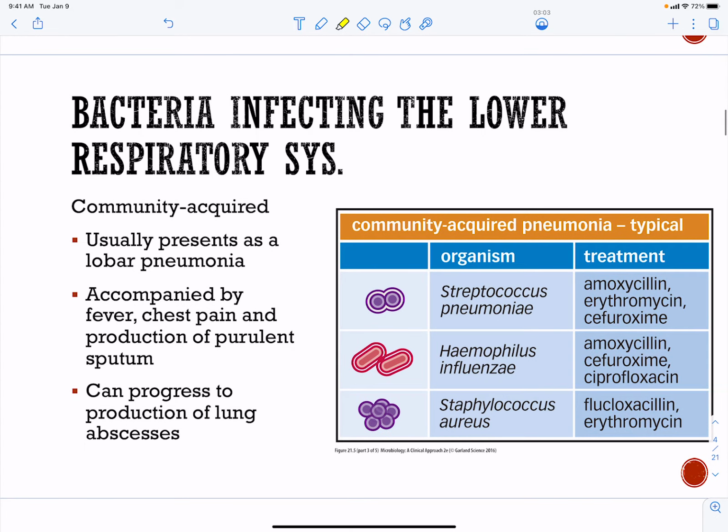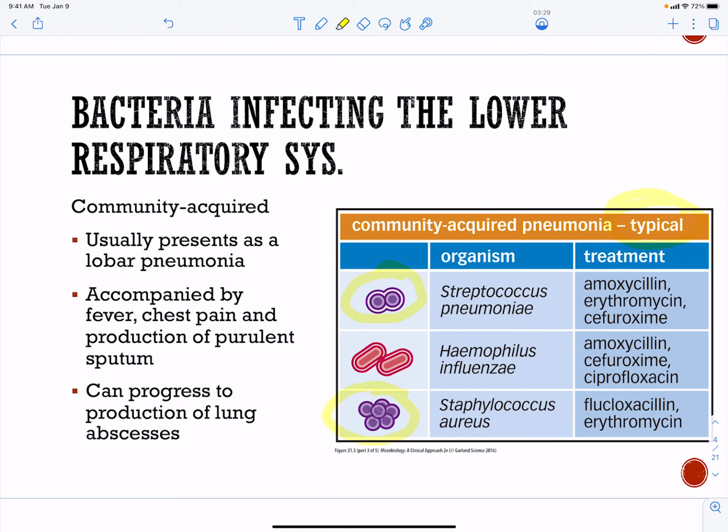Now, community-acquired is also referred to as typical. Community-acquired typical pneumonia is going to be caused by our normal flora pathogens primarily. So we have Strep pneumoniae, and we also have Staph aureus that can cause these typical pneumonia presentations. Haemophilus influenzae, before the vaccine was available, also was a major cause of pneumonia.